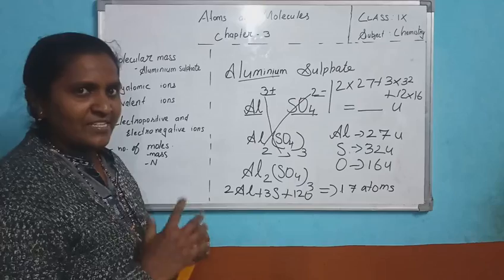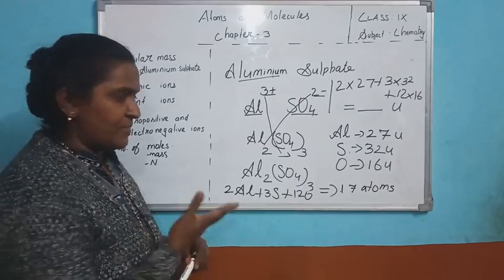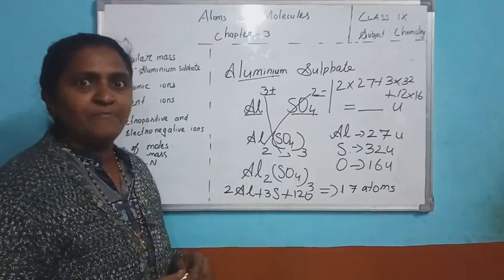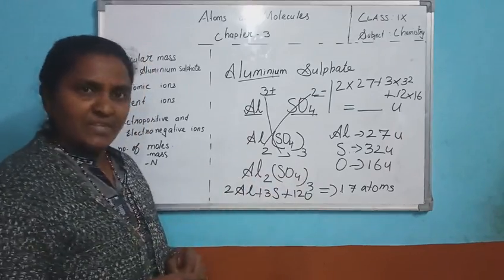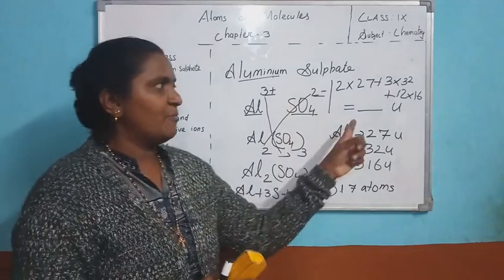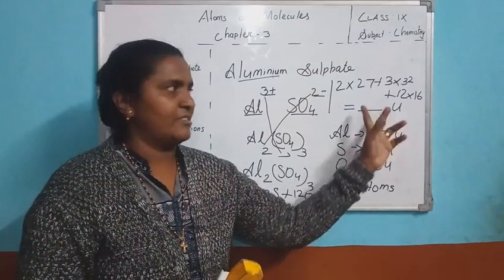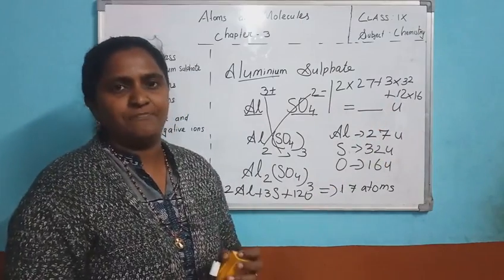The question is: write the number of atoms present in the molecule of aluminium sulfate, or write the formula of aluminium sulfate, or find the molecular mass of aluminium sulfate. Then calculate and find the answer.